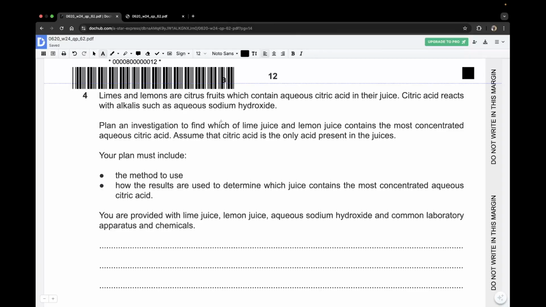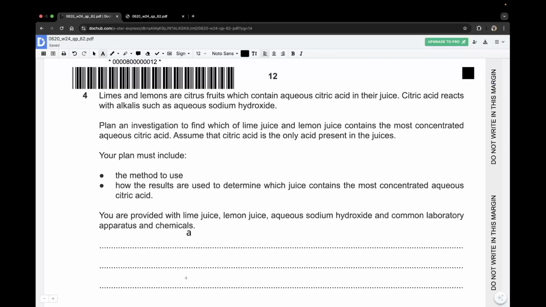So this reaction between an acid and an alkali, where you are trying to find the concentration of one of these liquids, is a titration question, right? Titration is the process that is used. We have seen this type of question with other chemicals, without them directly mentioning some real-world application. So you just have to connect this real-world application that they mentioned in the plan and investigation question to that foundational concept that you have already learned.